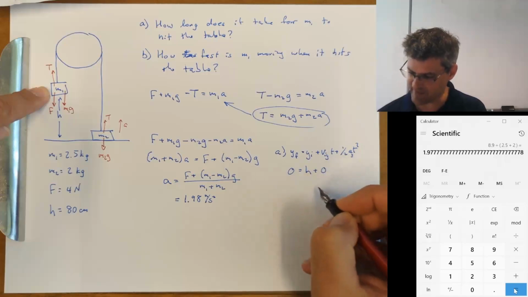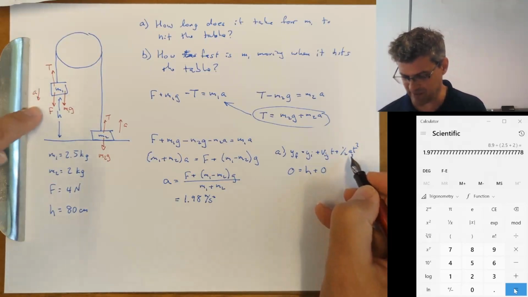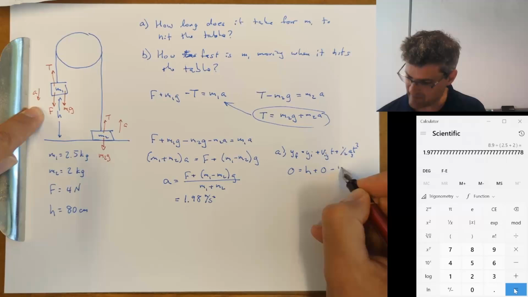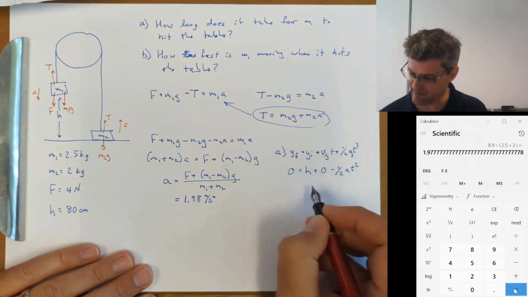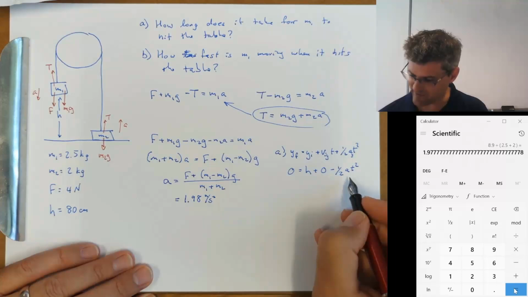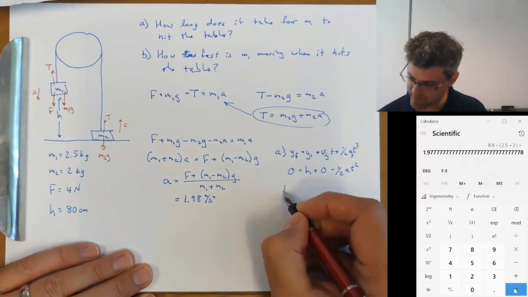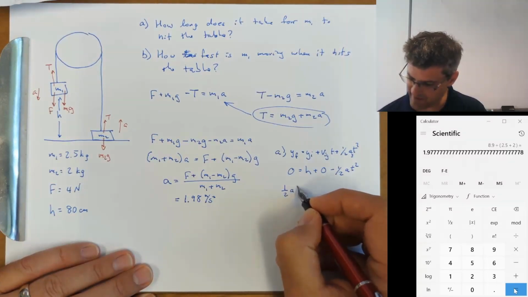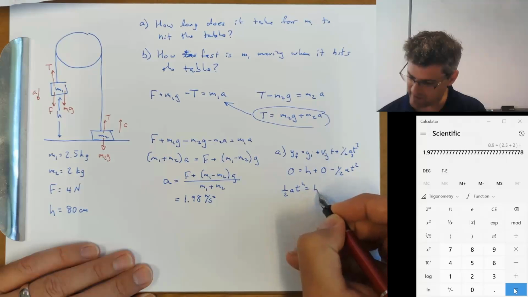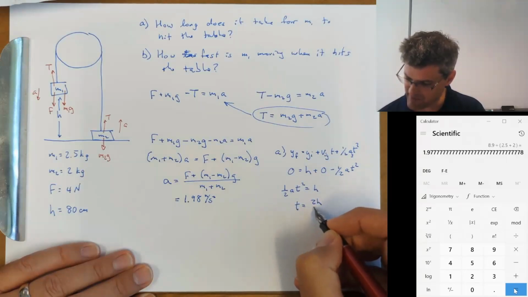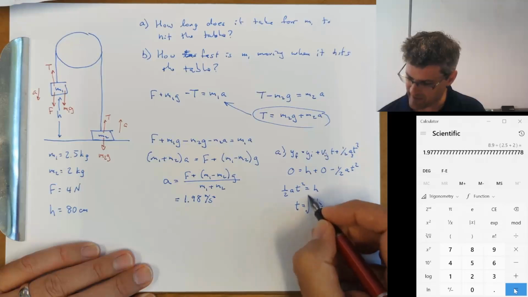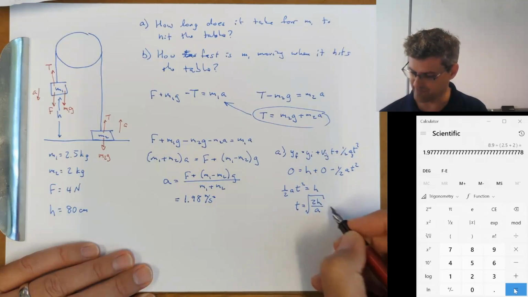I don't have any initial speed, but my acceleration in the y is down. So now I can solve this for time. We know that 1/2 a t squared is equal to h. So time must be the square root of 2h over a.